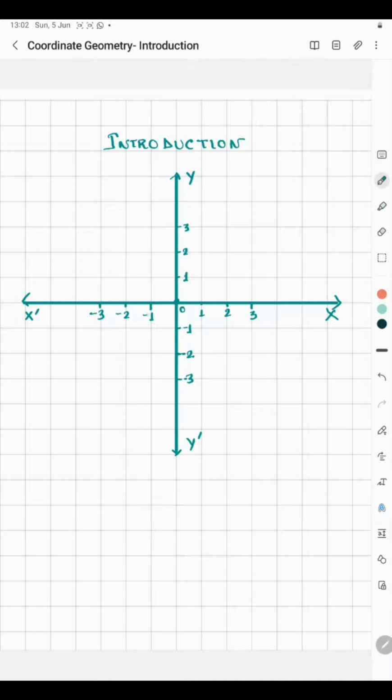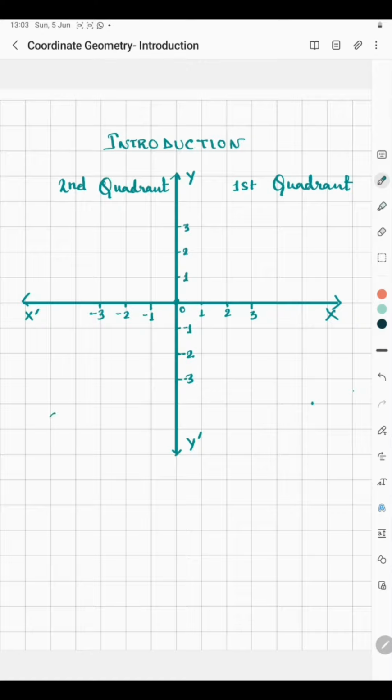Now these two lines cut this Cartesian plane into 4 parts. The first part is known as the first quadrant. The second part is known as the second quadrant.